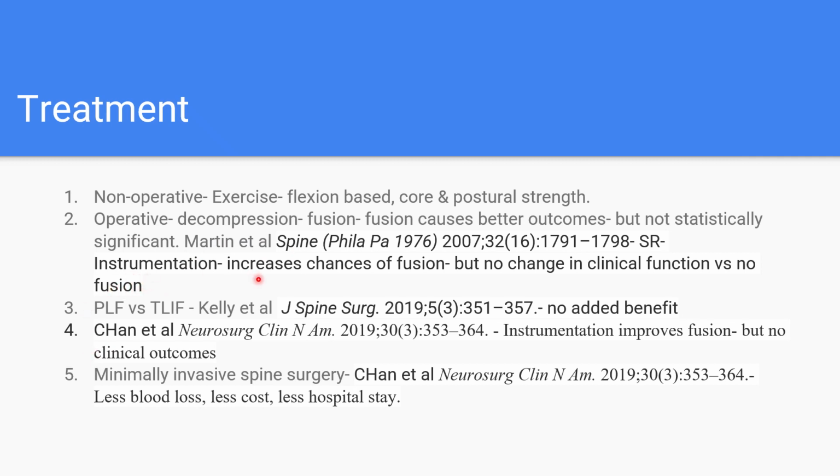However, instrumentation increases the chances of fusion, but there is no change in the clinical function if it has been either fused or not fused.